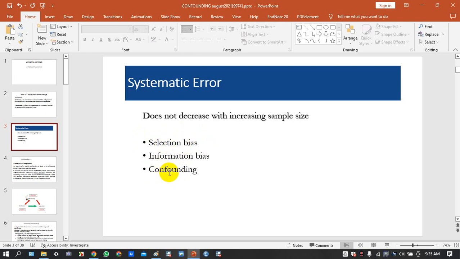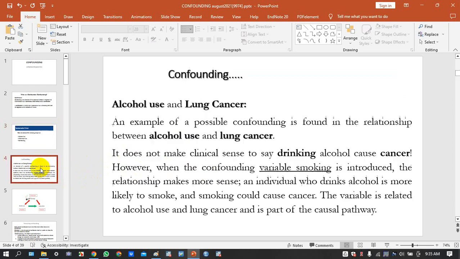As a scientist, you have to really know what confounding is, what bias is. It's very important. These two troublesome factors are very disturbing to all scientists. So, for instance, let's look at confounding: alcohol use and lung cancer. An example of possible confounding is found in the relationship between alcohol use and lung cancer.